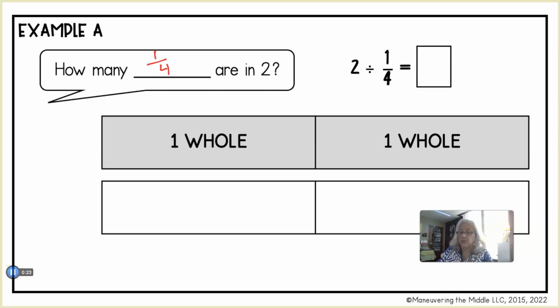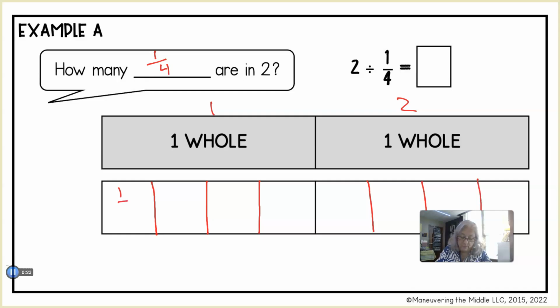And you notice we've written 2 divided by 1/4 over here on the side, and that's where we're going to get our answer. We have 2 wholes. We have 1, 2, and we're going to divide each one into a fourth. So here's my half. So I'm going to say 1, 2, 3, 4. 1, 2, 3, 4.